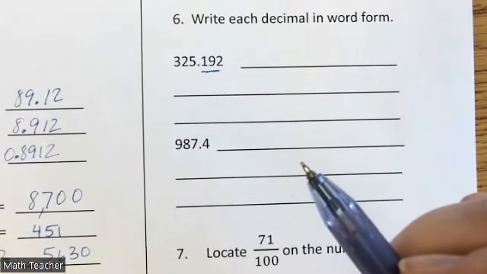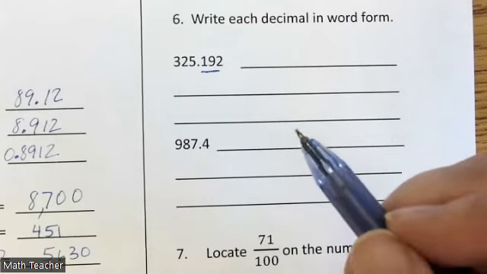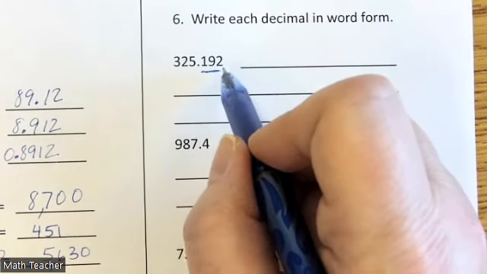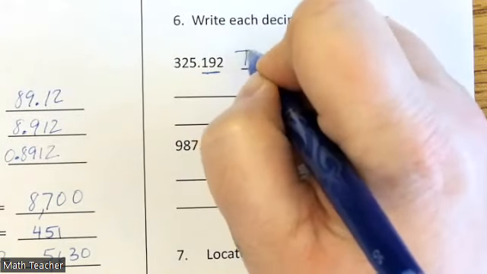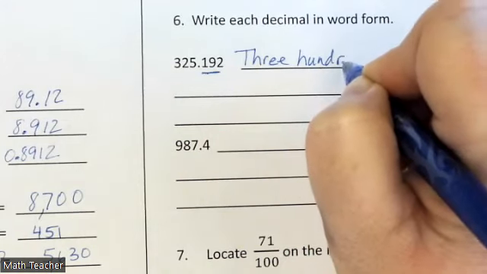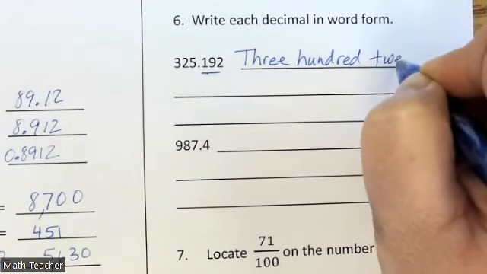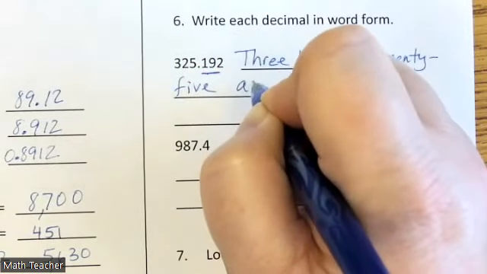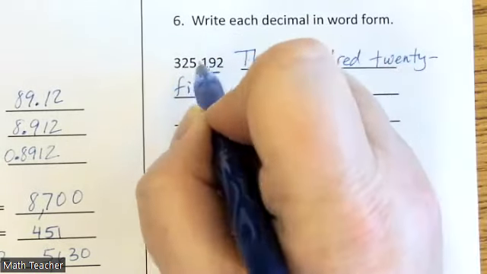The last digit, the 2, is in the thousandths place. So we would read this as 325 and 192 thousandths. And remember, and is the decimal. So this is the decimal point.